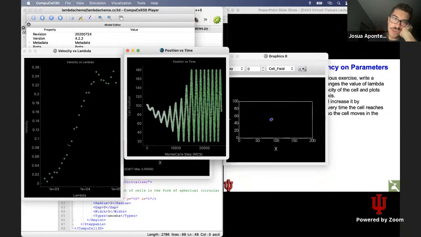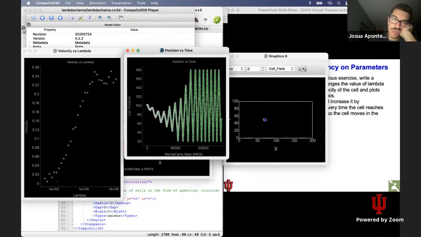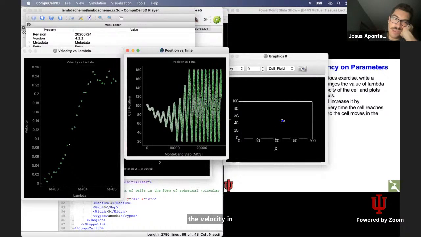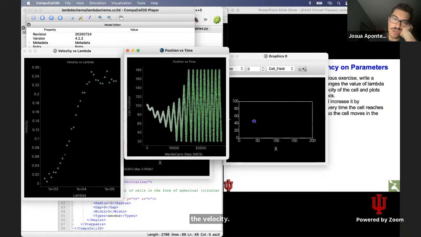So in this regime here, the velocity increased linearly with the increase in lambda chemotaxis.